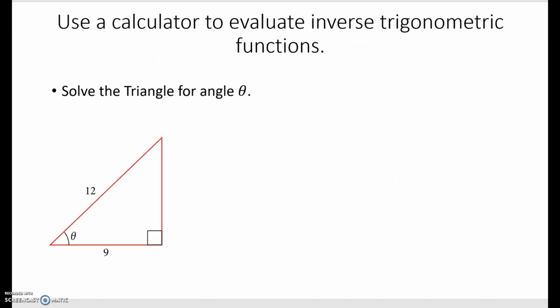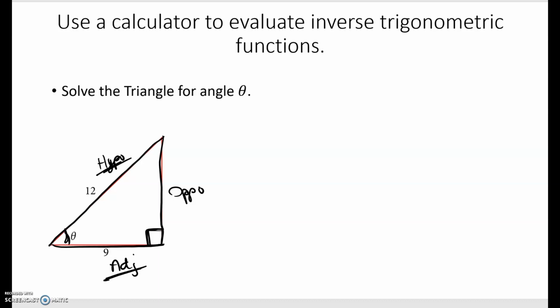Okay, now let's look at this. Solve the triangle for theta, and here's our theta, here's our triangle. Okay, so based on this angle right here, straight across, that's the opposite side. There's my little box representing 90, so this means this is the hypotenuse, and this is the adjacent side. So what they give me is a hypotenuse, and they give me the adjacent side. So the trig function that has adjacent and hypotenuse would be cosine.